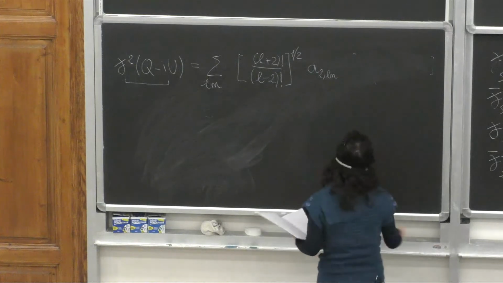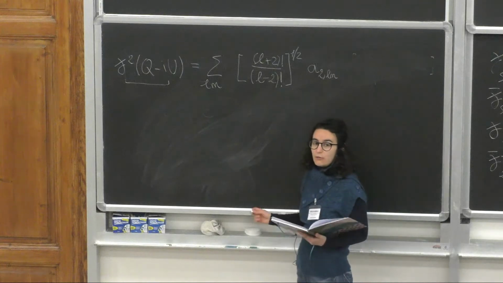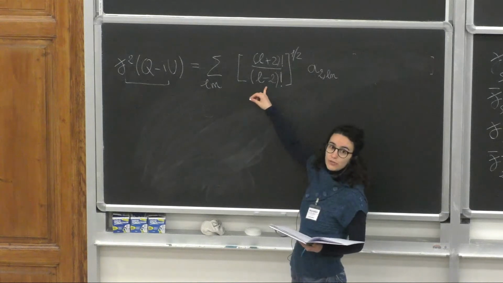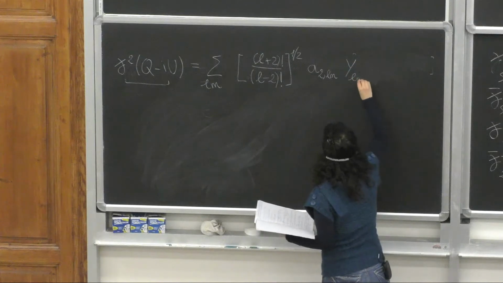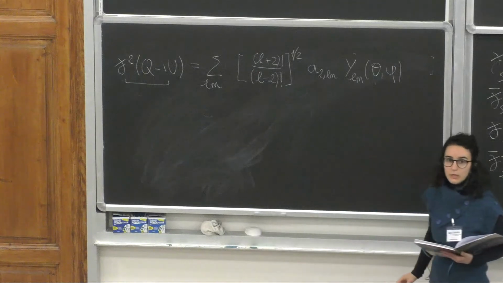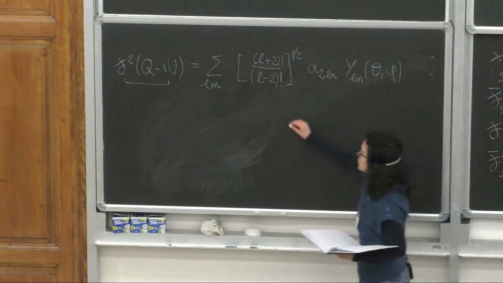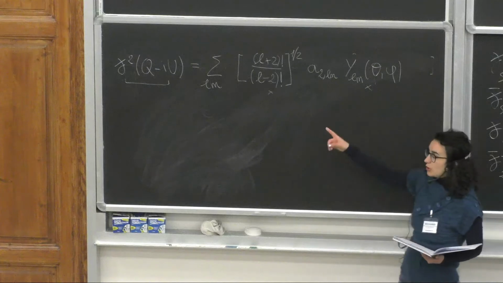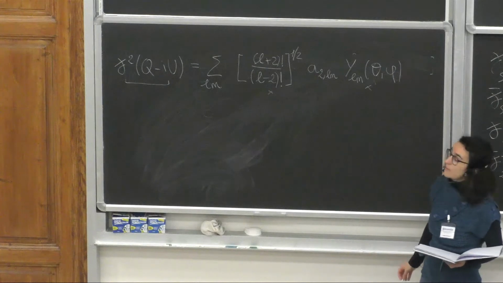So this is where this operator here is acting. And when we apply the spin raising operator twice to the spherical harmonics, we take out this prefactor here, and we remain with the usual spherical harmonic that we used also for T. So the combination of this prefactor and this spherical harmonic comes from the application of the spin raising operator twice on the spherical harmonic of spin minus 2.